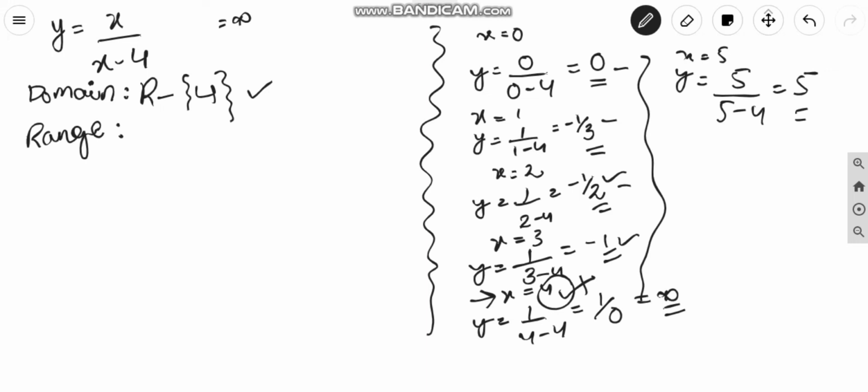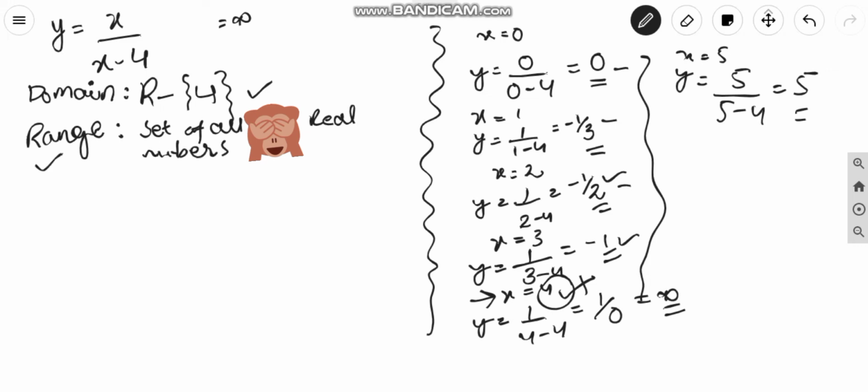So we can say that the range is the set of all real numbers. This is the range of our given function. These are the easiest ways that we can find out the domain and the range of any given function.